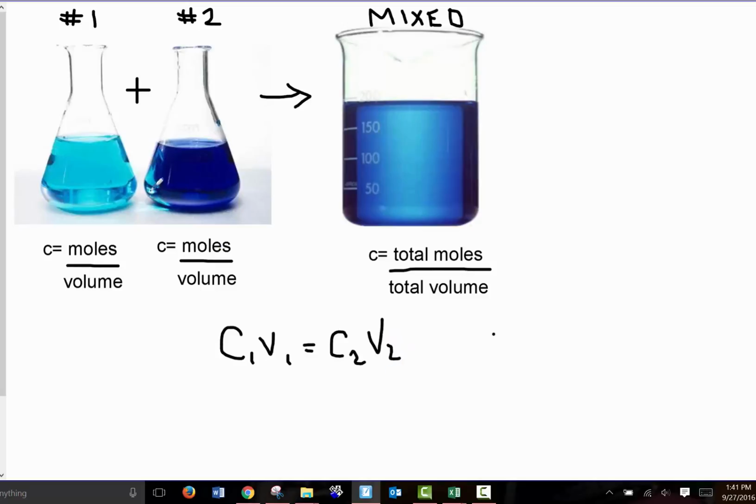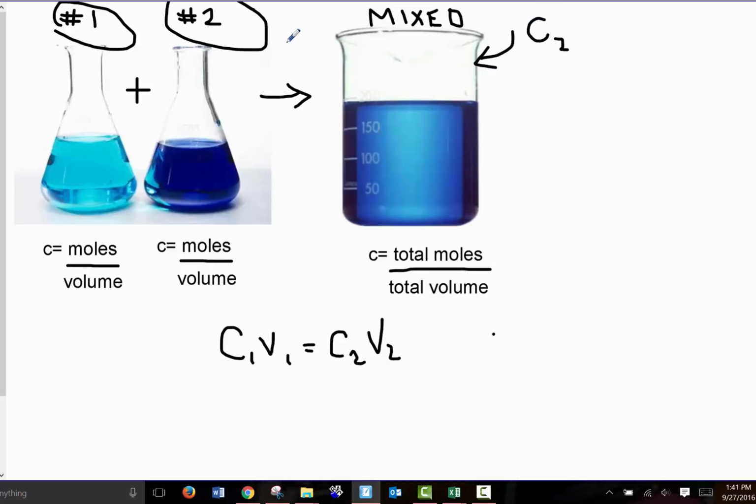If we think about each one of our solutions as undergoing a single separate dilution, so that, for example, when we add the contents of flask number 2 to flask number 1 to get our mixture, well then flask number 1 has undergone a dilution, and I can calculate the new concentration, C2.